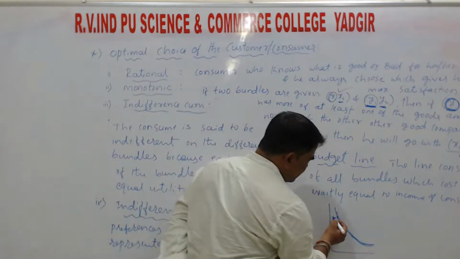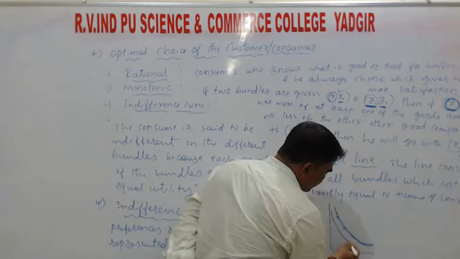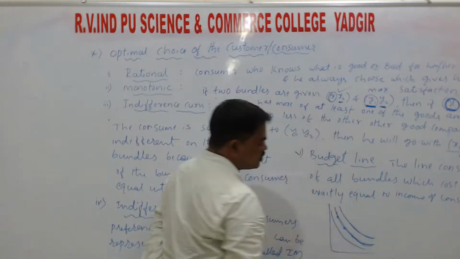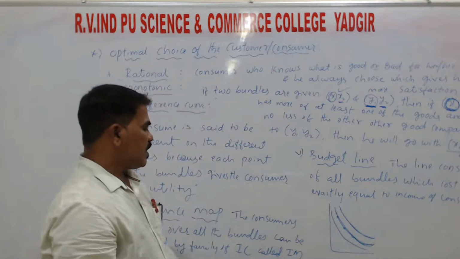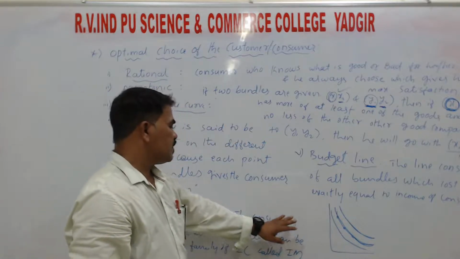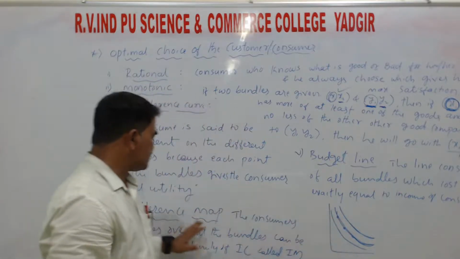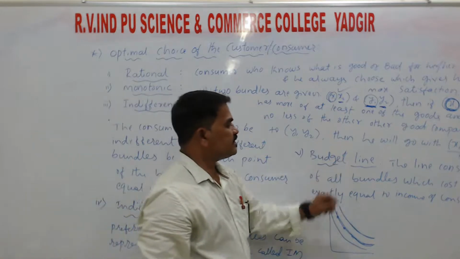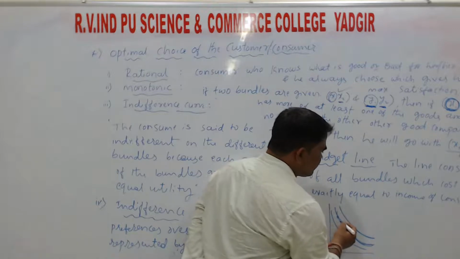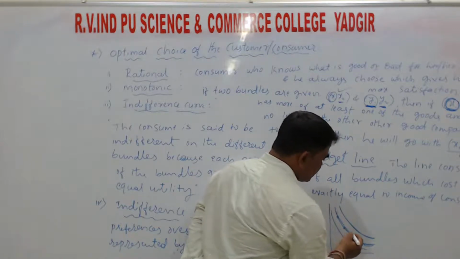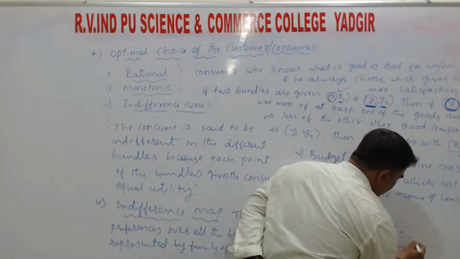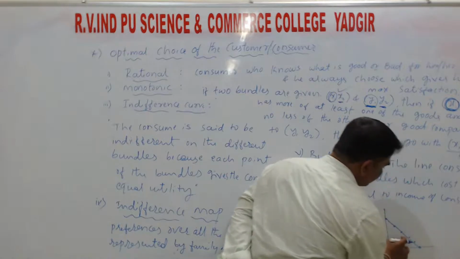And what do you mean by indifference map? If we have a family of indifference curves, which represents the consumer's preference amongst these bundles, this family of indifference curves we call an indifference map. And the budget line is the line that considers all the bundles which cost exactly equal to the income of the consumer.